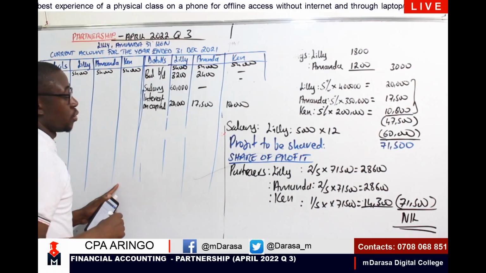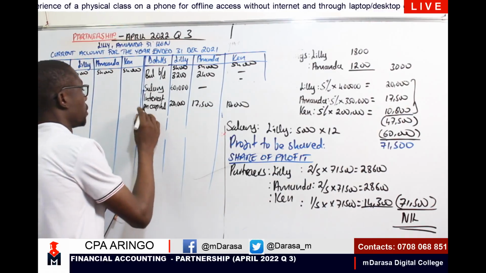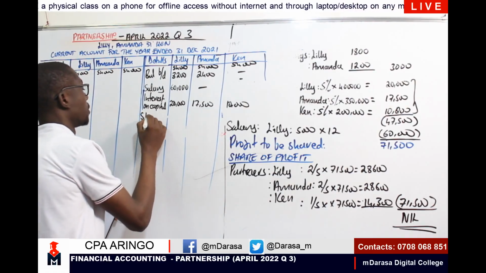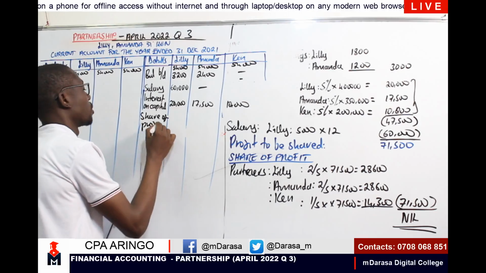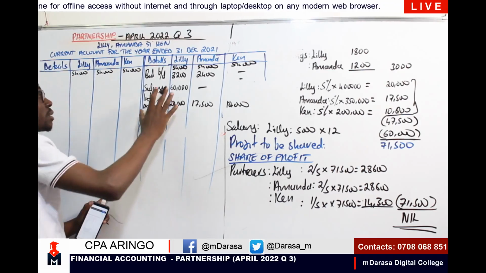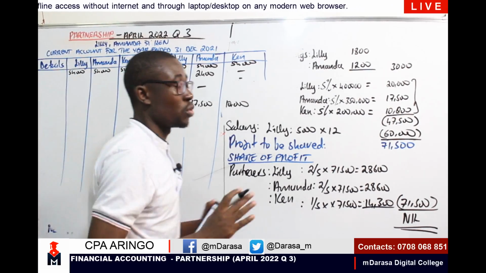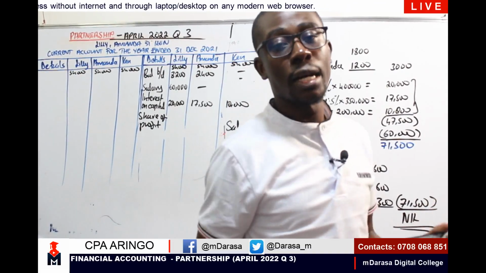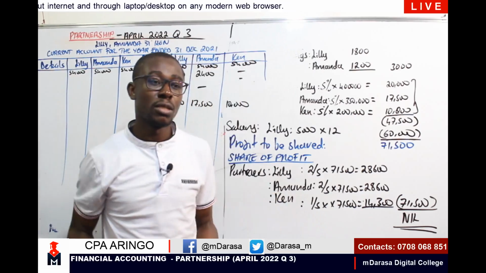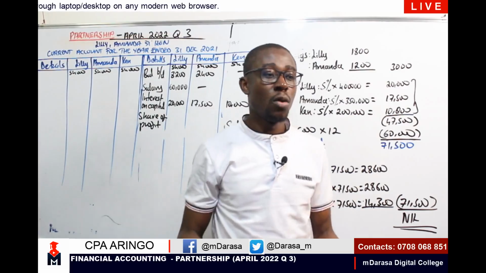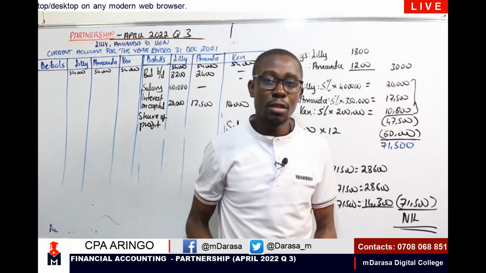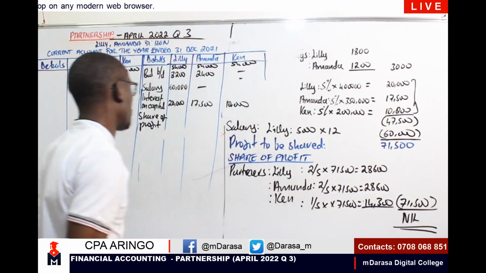Then share of profit, because we don't have any commission. You'll realize that whatever I'm recording on the credit side is just what we had in our appropriation account. And that's a good thing with partnership. Once you master that, it will be very easy for us to always proceed.